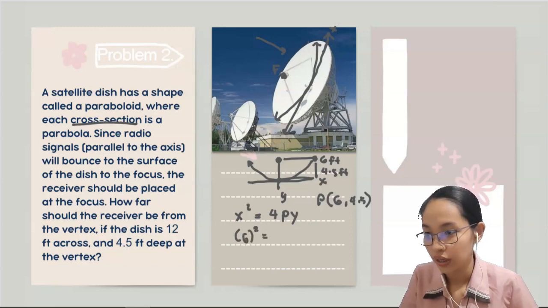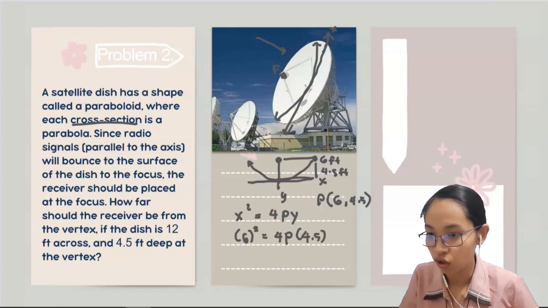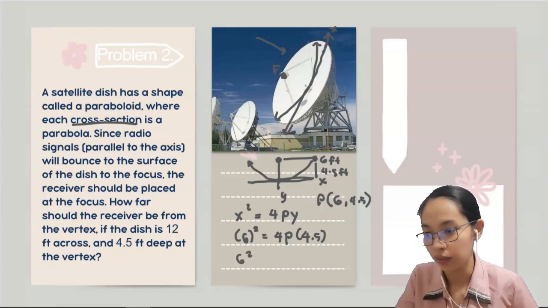So we have 6 squared equals 4p multiplied by 4.5. Next, manipulating our given equation. So we have 6 squared equals 4 times 4.5.